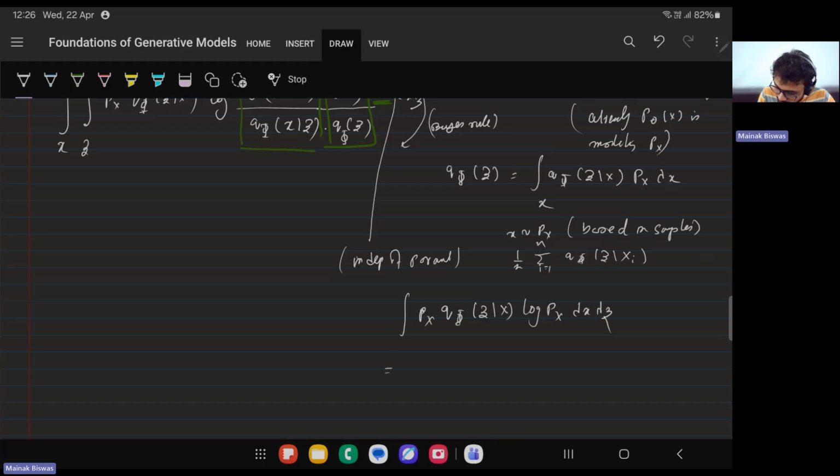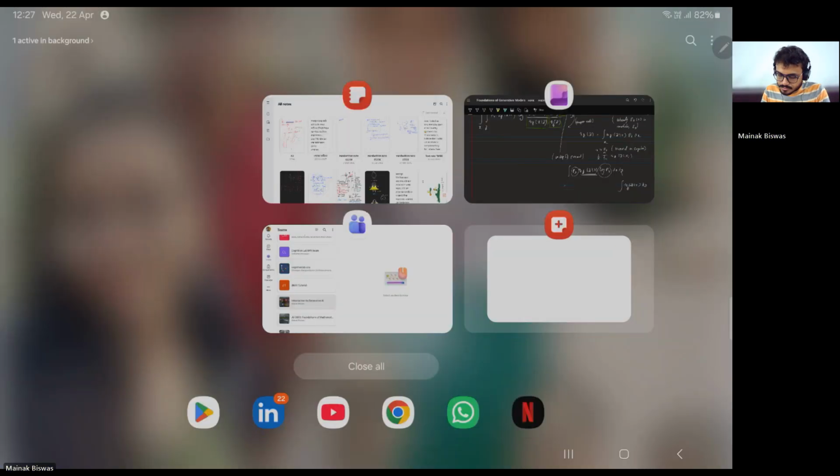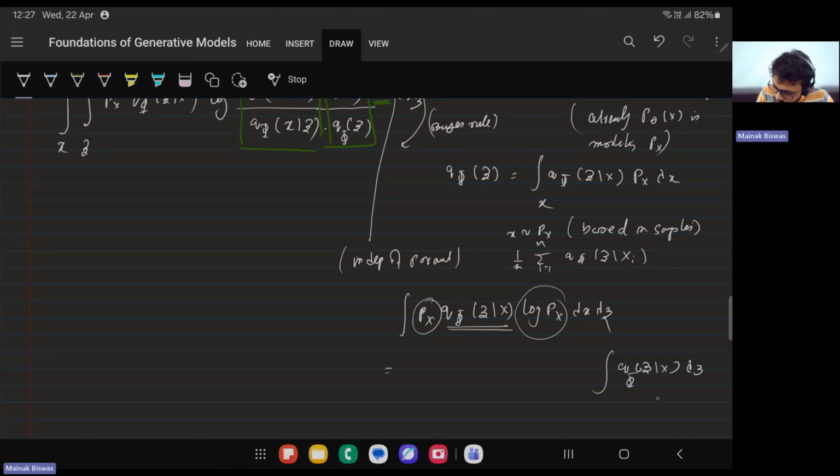So you can see again, z in this case, neither this term nor this term depends on z. So I can integrate out z. So I can just integrate q phi of z given x dz. And this is equal to just 1, because of the law of total probability.